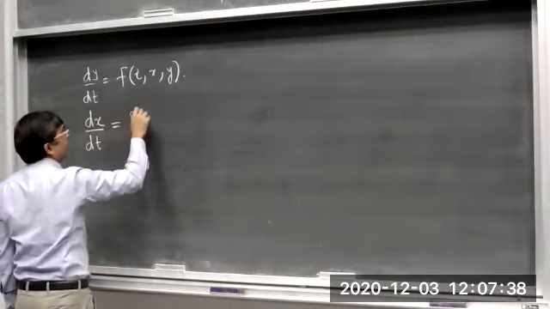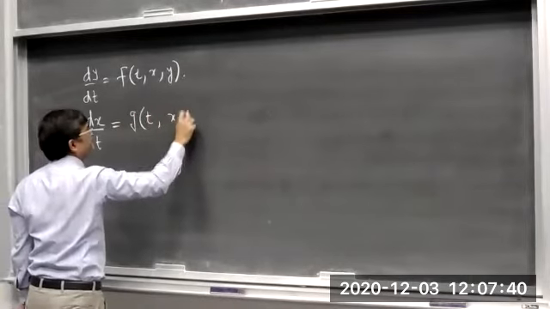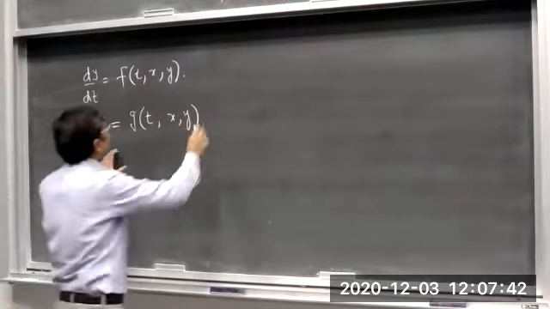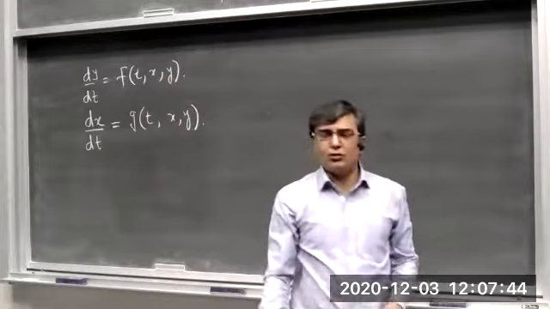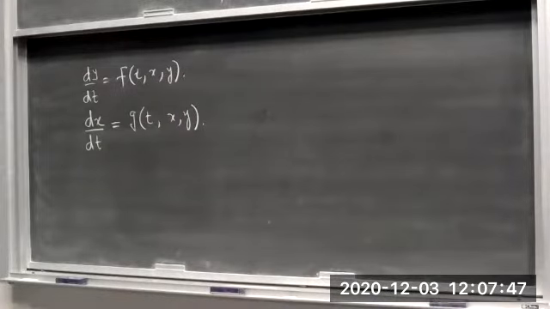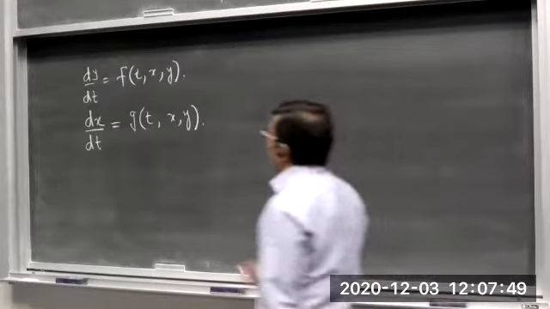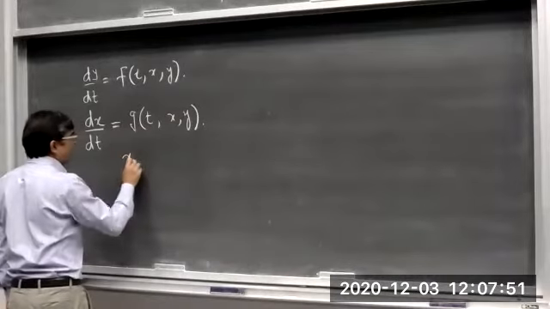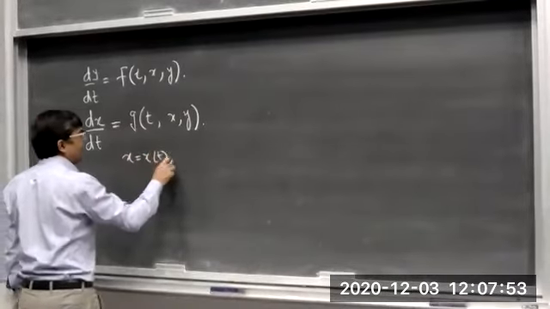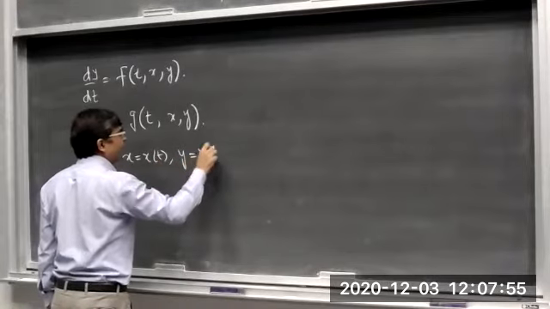In that case, we can define some function g of x, y. So this is basically a system of two first order ODEs, where x and y are both dependent variables. X is a function of t and y is also a function of t.